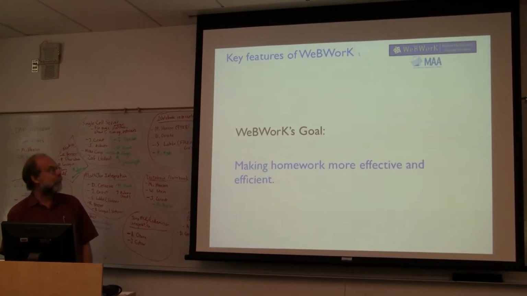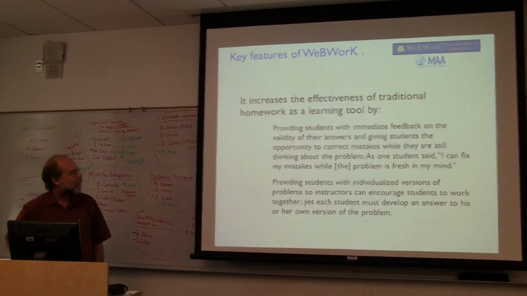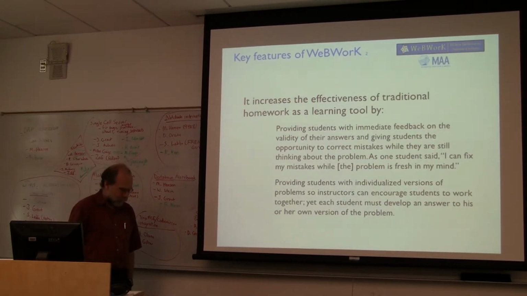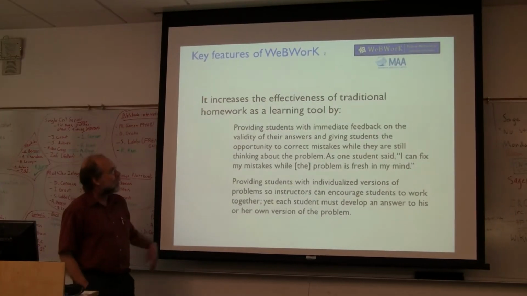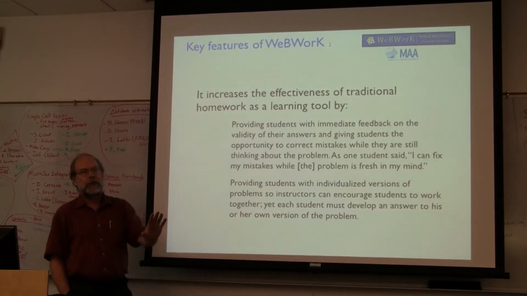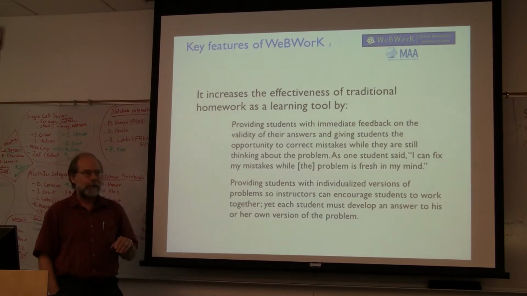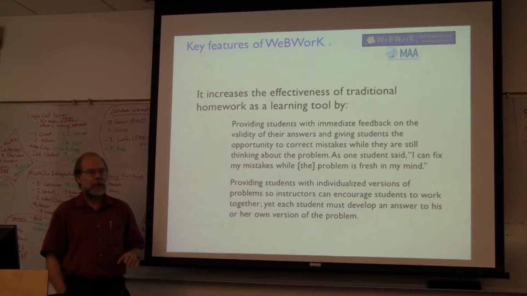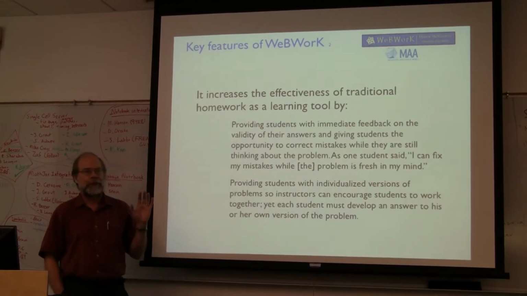So our mission statement is to make homework more effective. The two key things that do it are, first, immediate feedback. The students put in their answer and then they're told whether it's right or not. You can configure this a little bit, you can give them a hint, but by and large the default mode is they're just told that it's not right and they have to think about it.